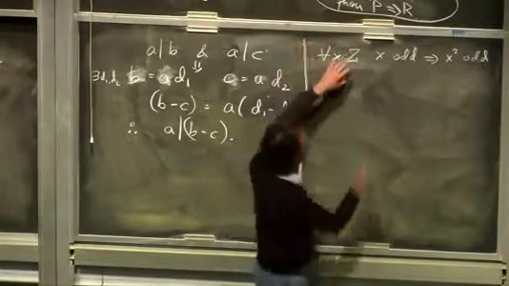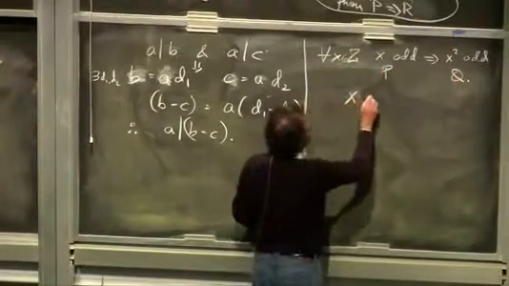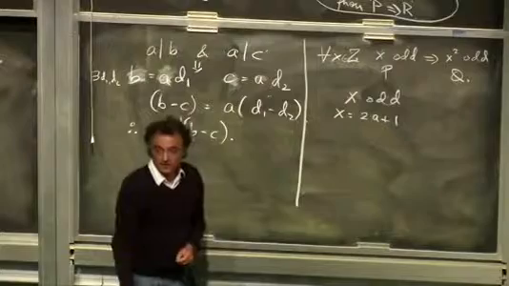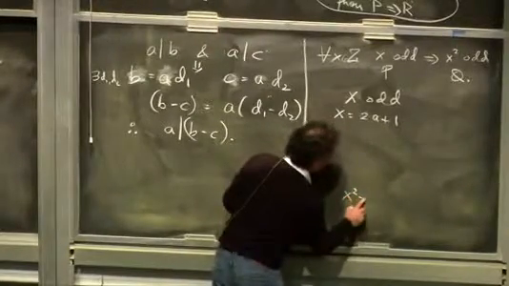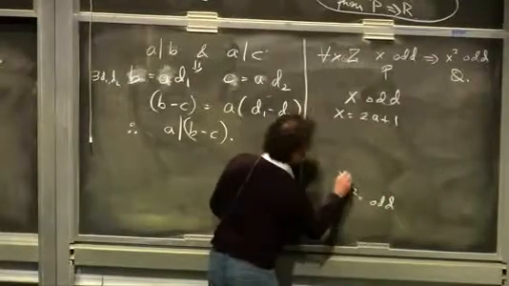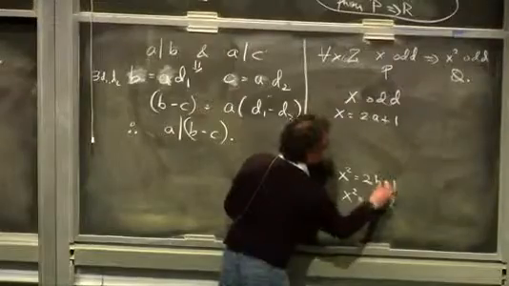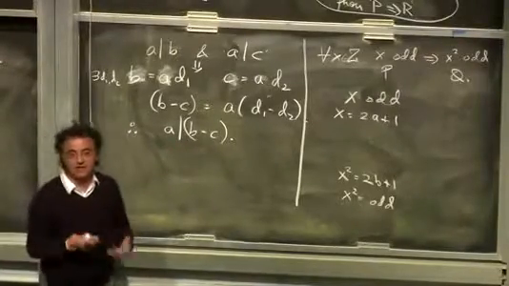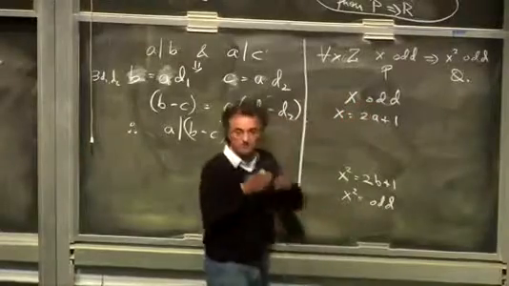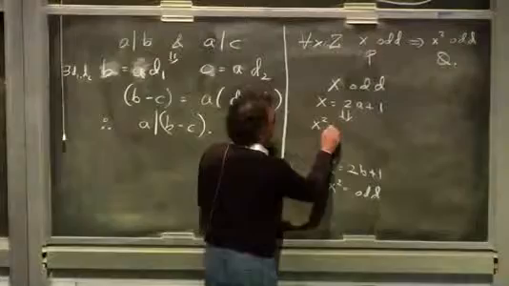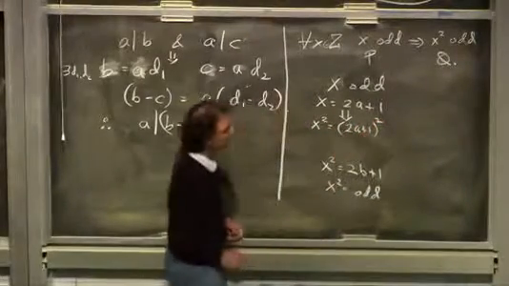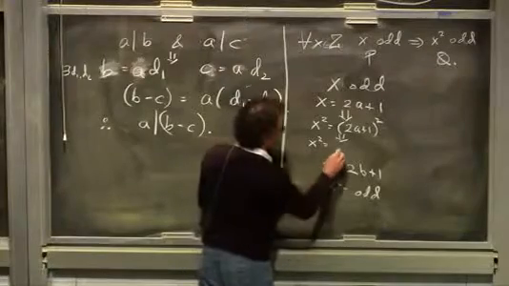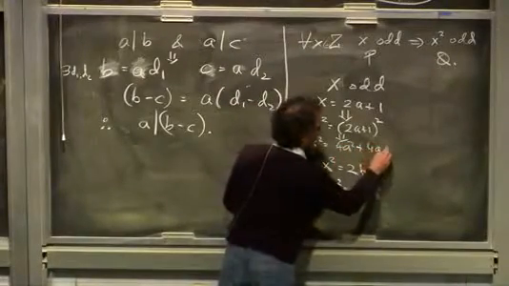Again, what we want to do is start with P, get to Q. So x is odd. Another way of saying this is x equal to 2a plus 1. We want to say x squared is odd. That's like saying x squared equal to 2b plus 1. That's just the definition of odd. But now we want to get from one to the other. So how do you do this? Well, we do a set of implications. x is 2a plus 1 means x squared equal to (2a plus 1) squared, so x squared equal to 4a squared plus 4a plus 1.